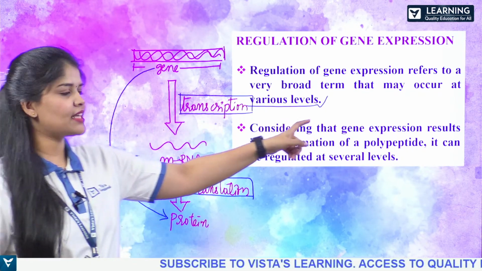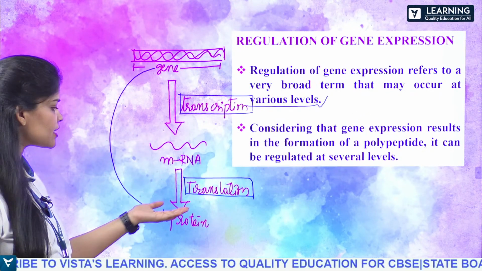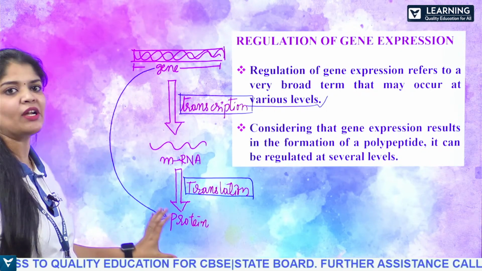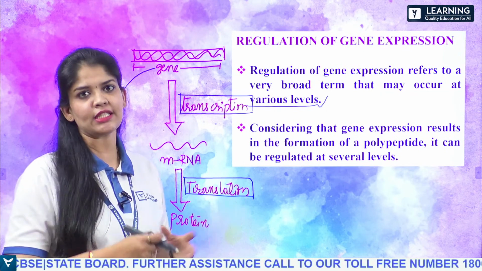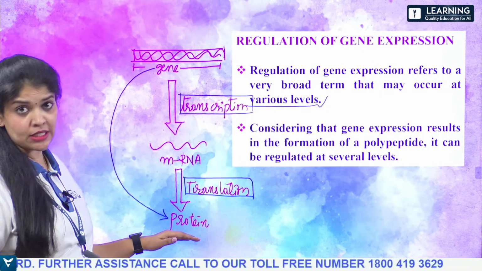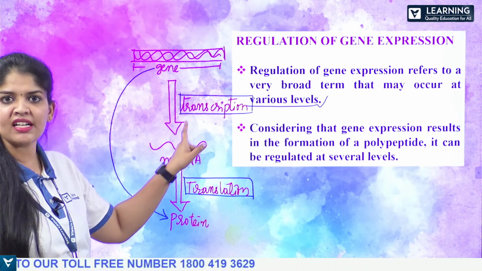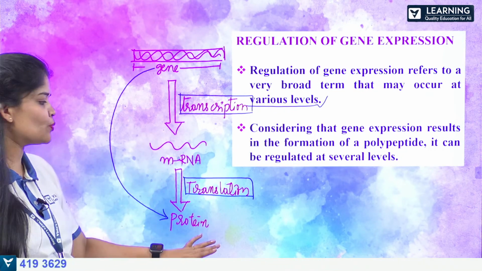Gene expression results in the formation of a polypeptide, which is nothing but protein. The ultimate expression of a gene is protein synthesis, and for that to happen, first the gene has to transcribe itself into mRNA, and that transcribed mRNA has to translate further into protein.